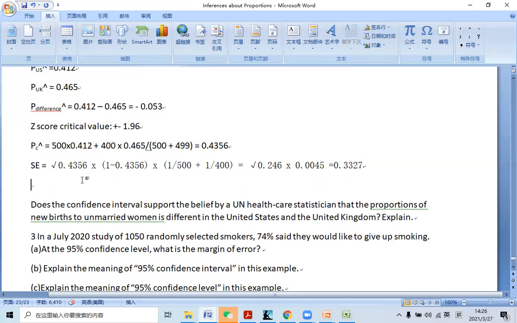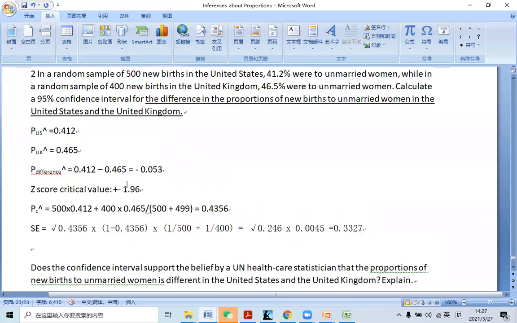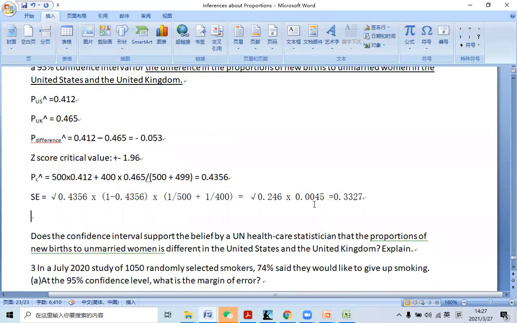So that is the standard error. You estimate it for the differences in the proportions. Once you get the standard error, you get the Z. So one standard deviation is 0.33.